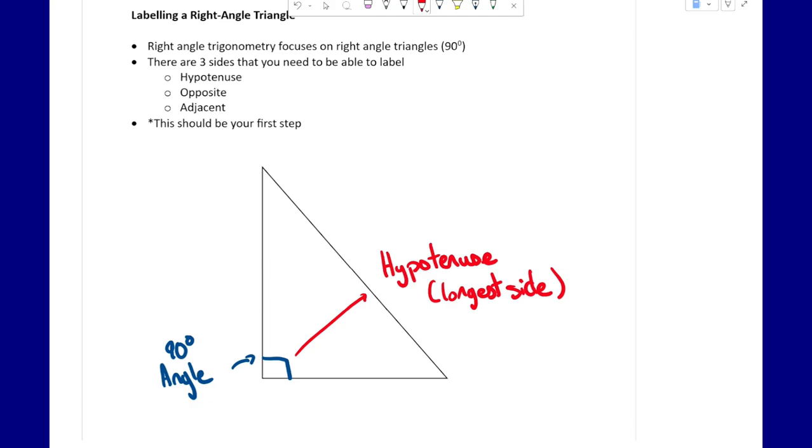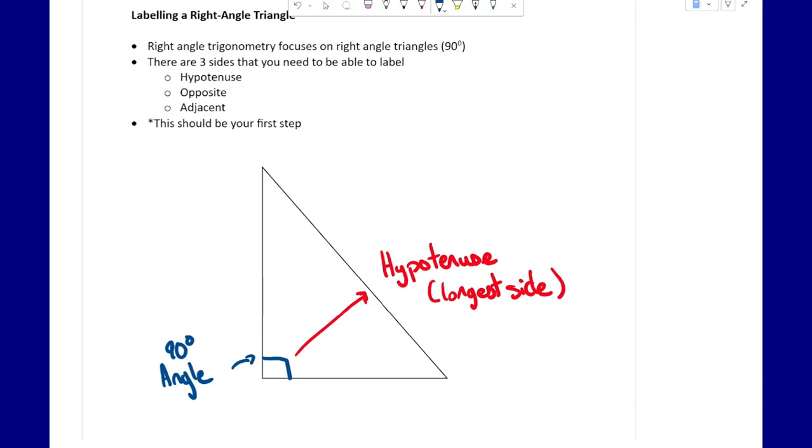In some cases, it might be easy to tell which side of the triangle is the hypotenuse because it's going to be the longest side. In some cases, it may not, depending on how the triangle is rotated, but you can always assume that it is going to be across from the 90-degree angle.